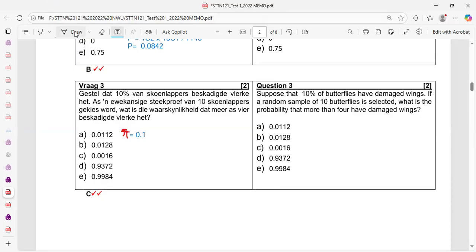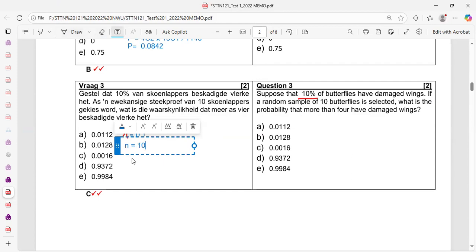They say, suppose that 10% of butterflies have damaged wings. If a random sample of 10 butterflies is selected, meaning n is equal to 10.